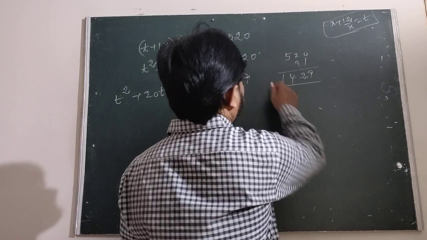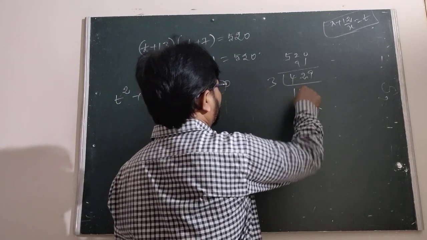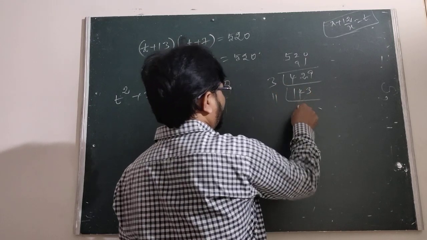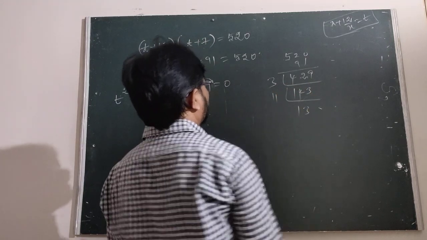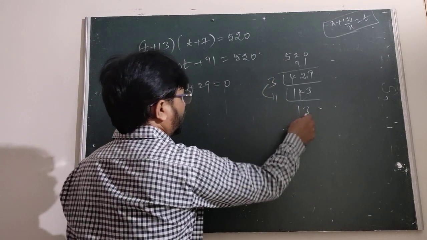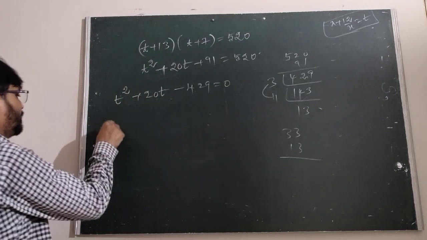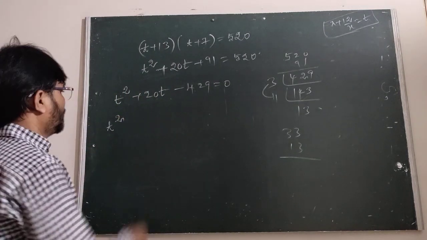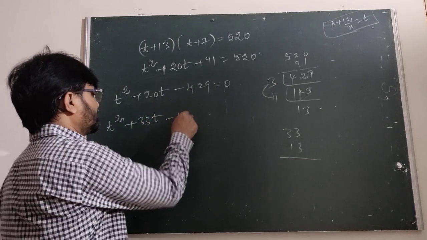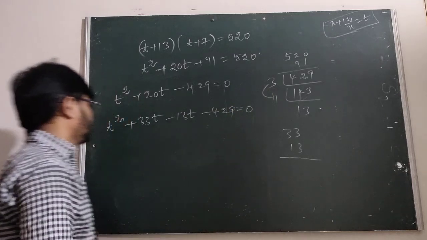We can write 3 times 143, and 143 is 11 times 13, so 429 is 33 times 13. The difference 33 minus 13 is 20. Therefore t² + 33t - 13t - 429 = 0. Taking the common factors, we get (t + 33)(t - 13) = 0.